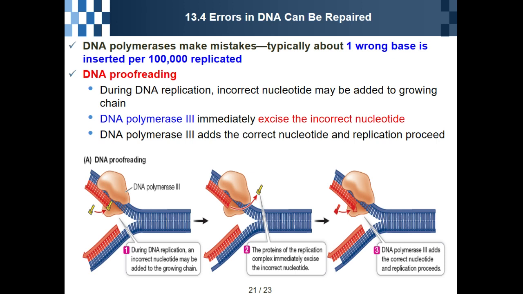In Korean, what is proofread? 점검한다는 거죠, 맞죠? 점검. 다시 점검한다는 거죠. DNA polymerase 3 has the ability of proofreading. So it immediately excises this nucleotide. After that, the correct nucleotide is added like this. That's why some old people don't have cancer, because they have this kind of ability. DNA polymerase 3 has this kind of ability.